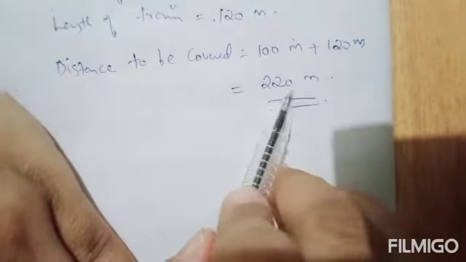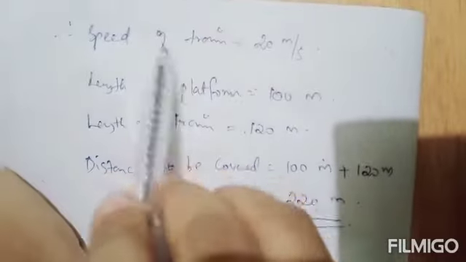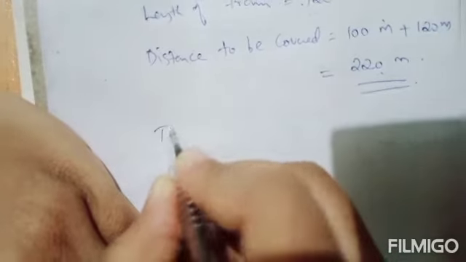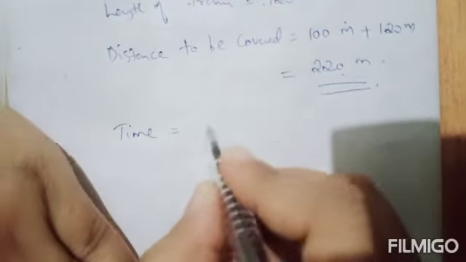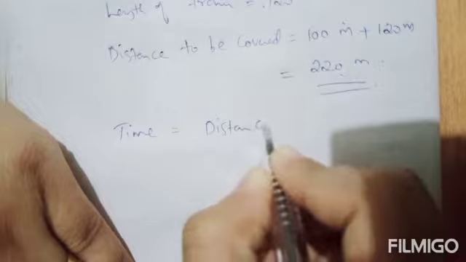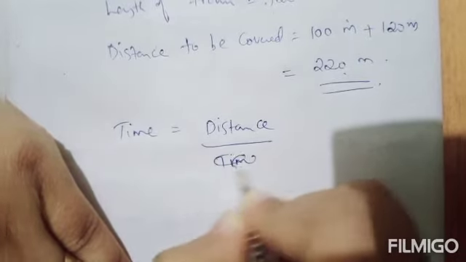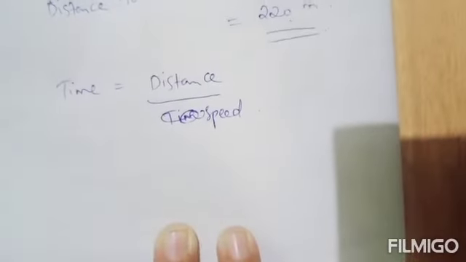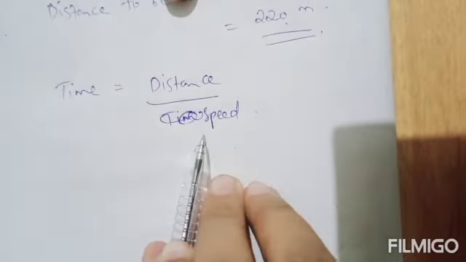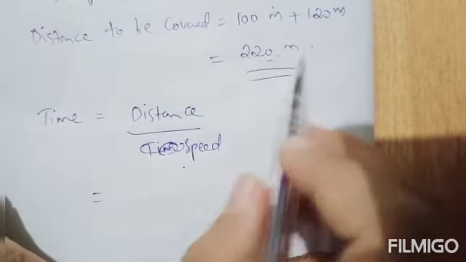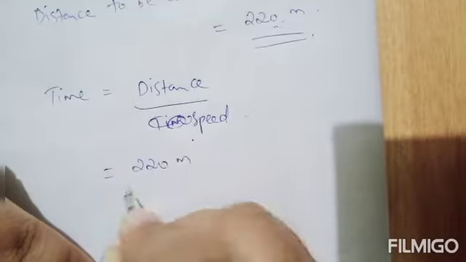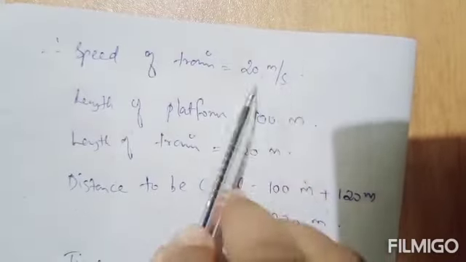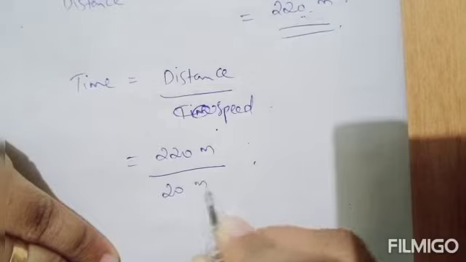Okay, so this is the distance to be covered and this is the speed of the train, 20 meter per second. Now you can find the time. Time equal to, what is the formula? It is distance by speed. This is the formula for finding time taken. Now the distance to be covered we found is 220 meter, by the speed of the train, 20 meter per second.